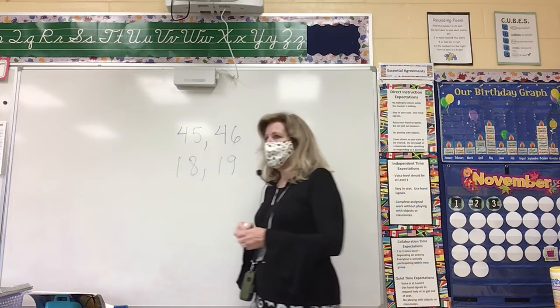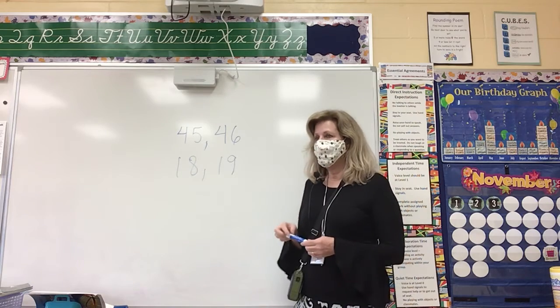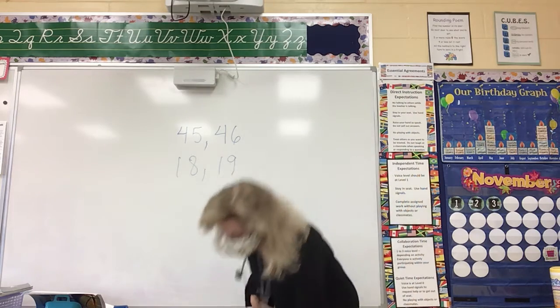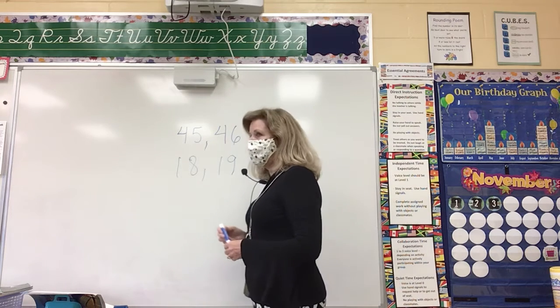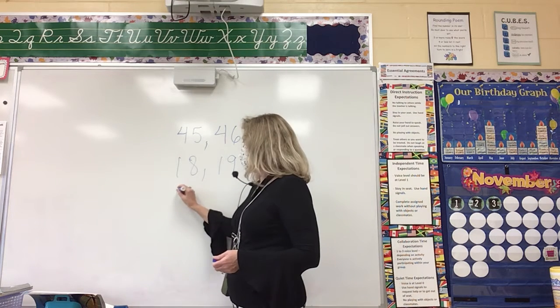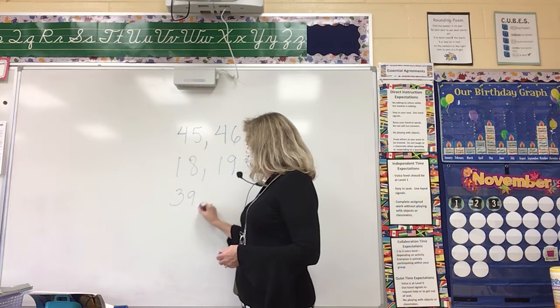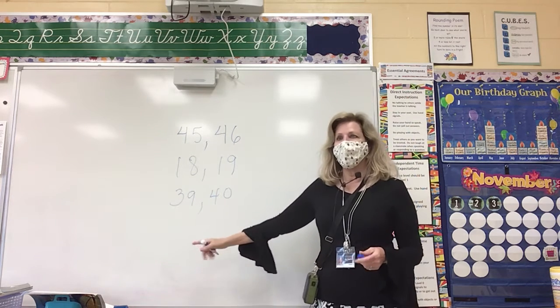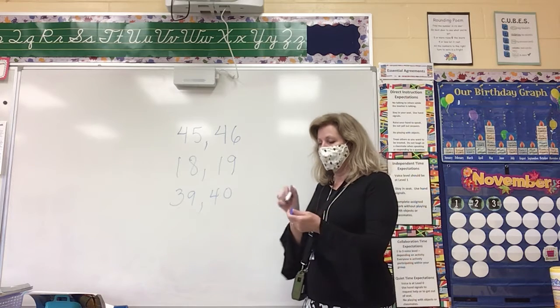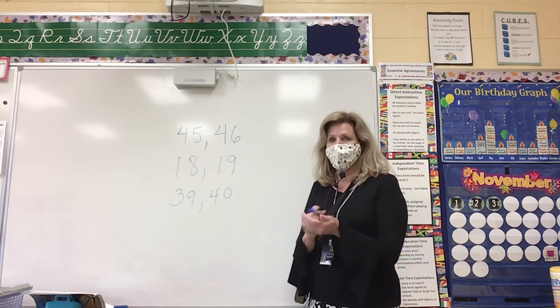What about number 3, Diego? What would you put for number 3? 40. Good job. 39. Some have problems with that. Once they get to the end of their 30s, or at the end of any number, they're not sure what to do there.